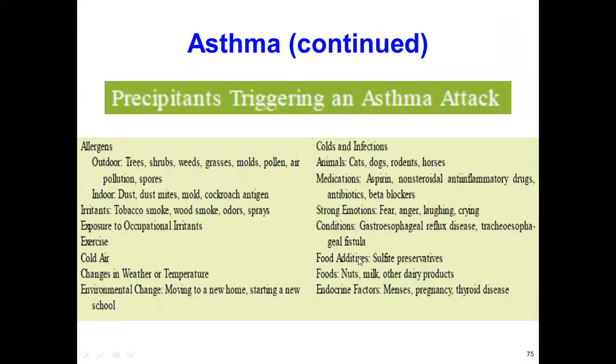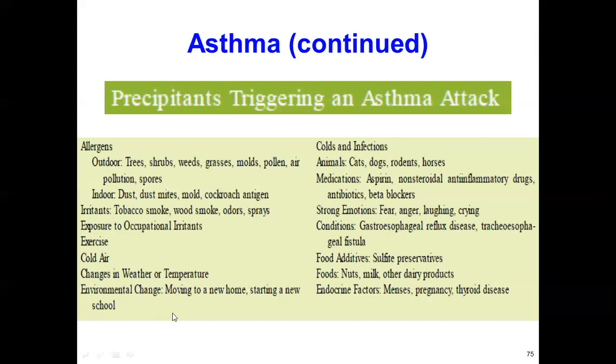Here, showing precipitating triggers of an acute asthma attack: allergens like pollen, air pollution, spores, dust, mold, antigens. Exposure to occupational irritants, some chemical substances, exercise, cold air, changing weather or temperature, hot to cold or cold to hot.